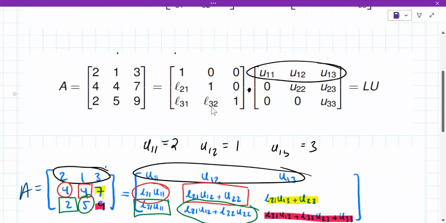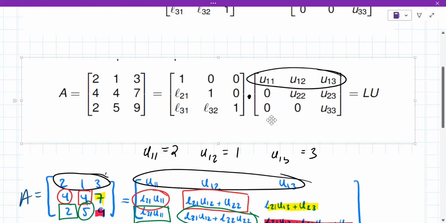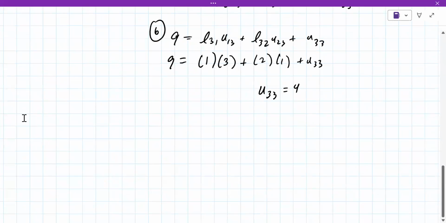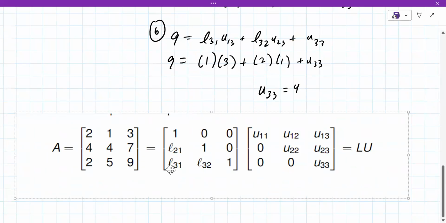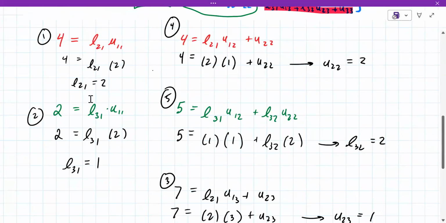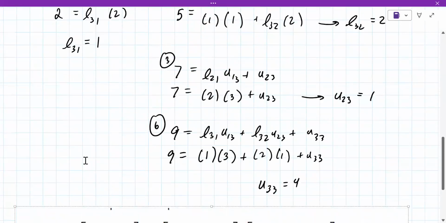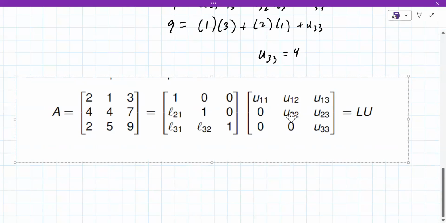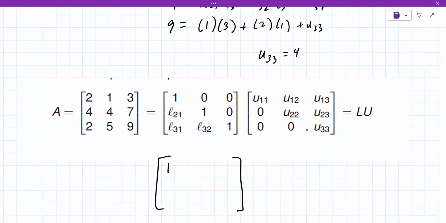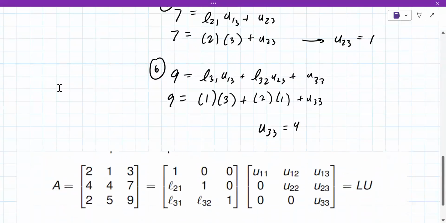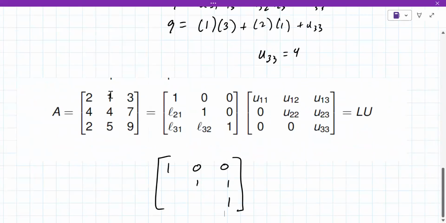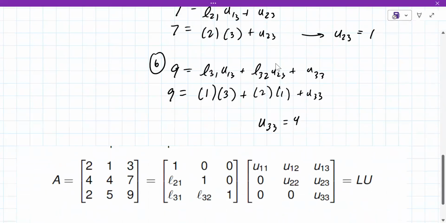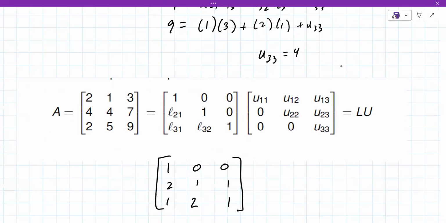So the reason we did all this is because we want these values. We want L21, L31, L32, and we have them all now. 2, 1, 3, 1, and L32 is right there. We wanted U11, U12, U22, all the same. And so you just put them in, and your final answer is 1, 0, 0, 1, 1, 1, and you grab those values. L21 is 2, L31 is 1, L32 is 2.